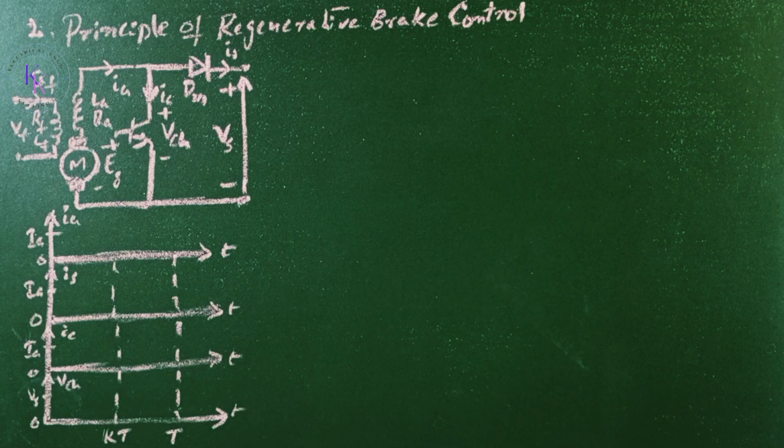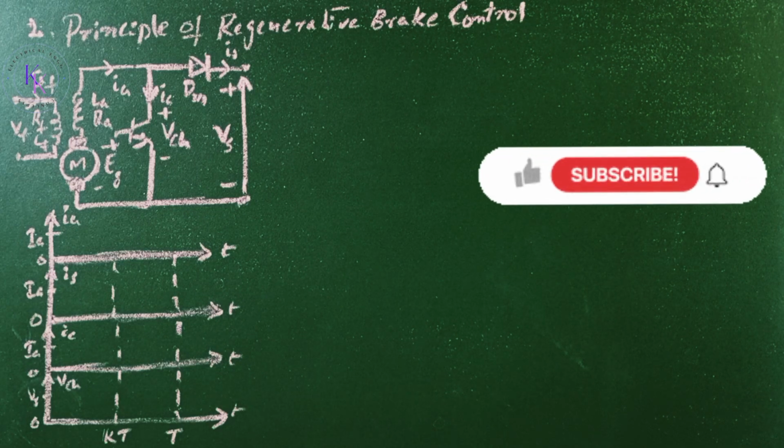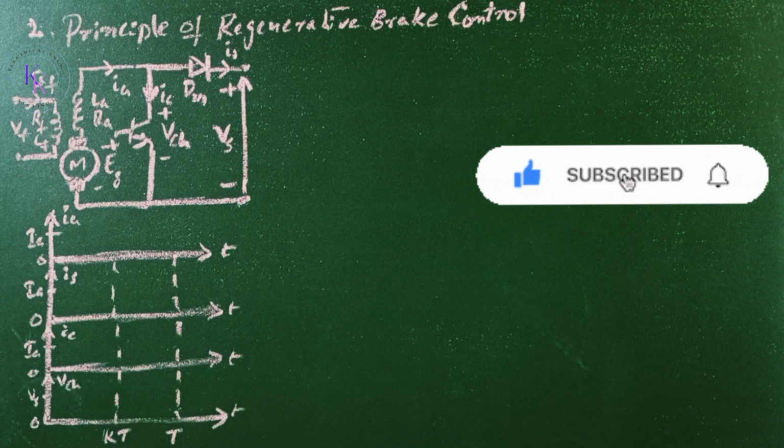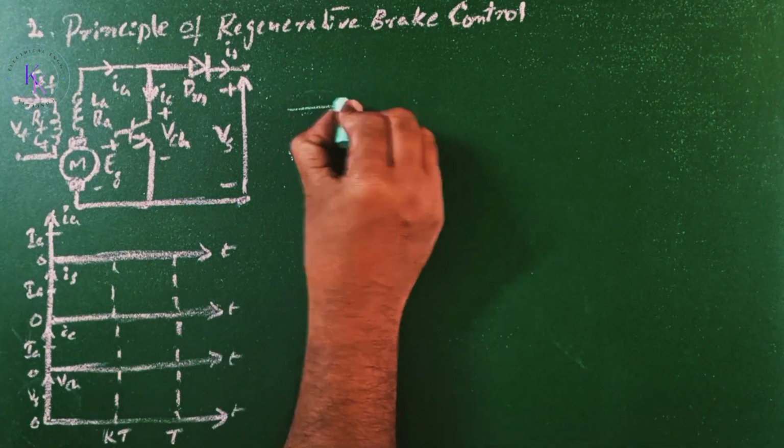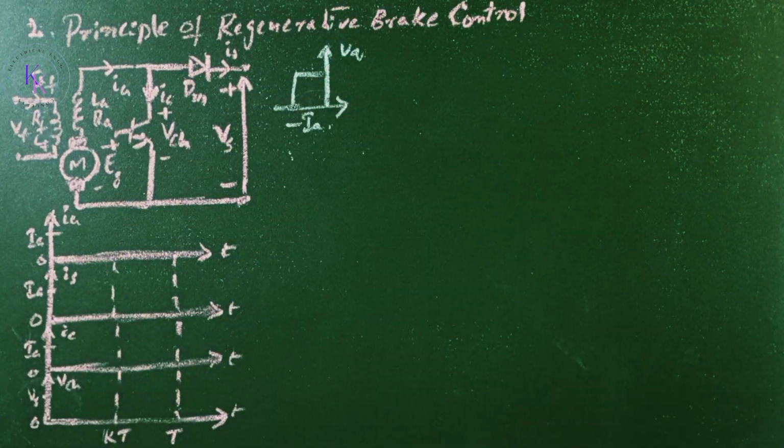If the chopper is turned off, diode Dm would be turned on and the energy stored in the armature circuit inductance would be transferred to the supply, provided that the supply is receptive. It is a one-quadrant drive, operating in the second quadrant.